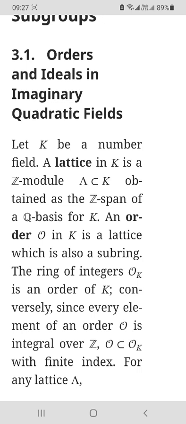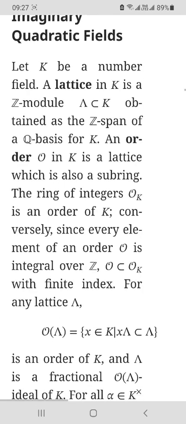Lambda belonging to K is obtained as the Z span of a Q basis for K. So this is the explanation of the Z module: it is a Z span of a Q basis for K.